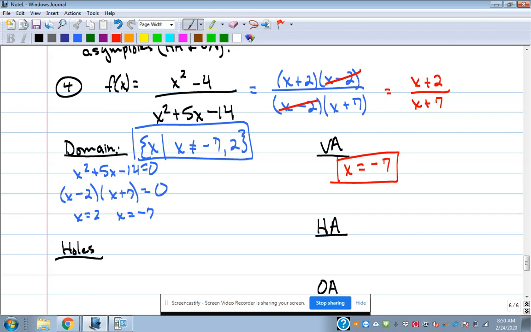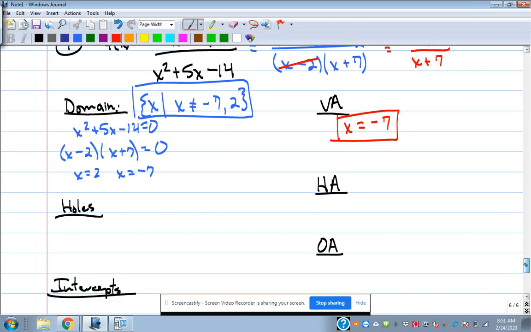All right, now here's where the holes come in. Holes happen when a factor cancels out. Okay, there is a hole at the x value of 2. Okay, it's a hole in the graph. We need to find the y value that goes with that.